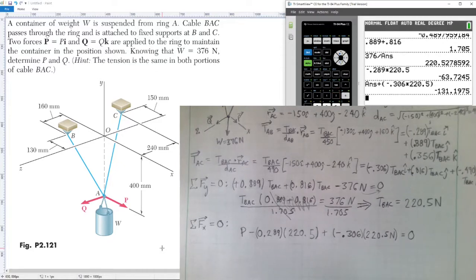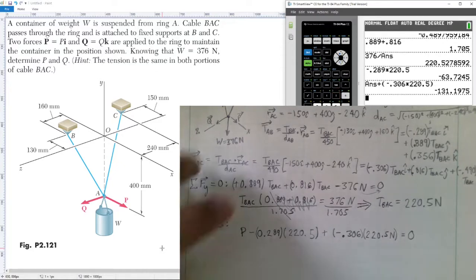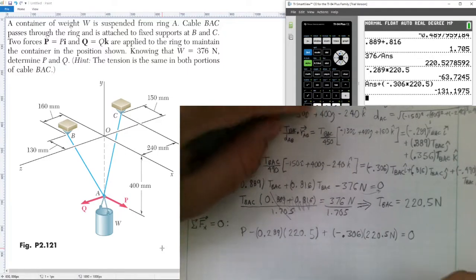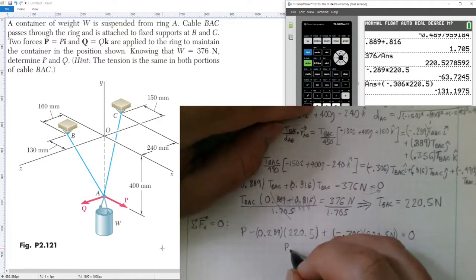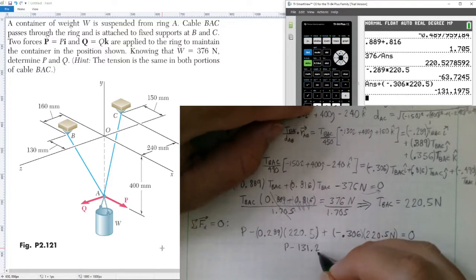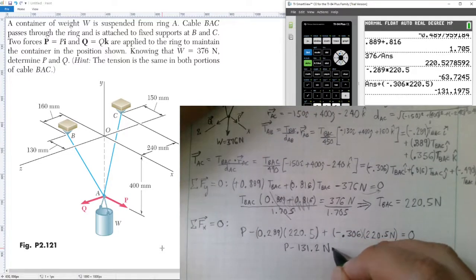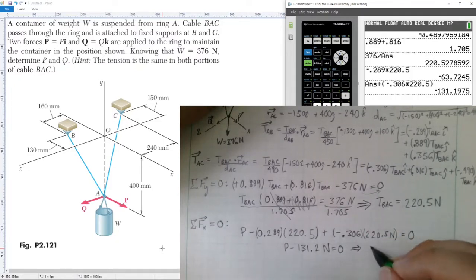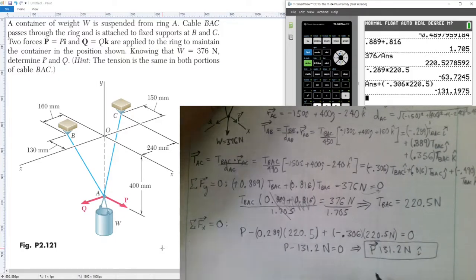So we get a value of negative 131.2. So this is P minus 131.2 newtons. That means P is going to be equal to, if we move this to the right-hand side, vector P is equal to 131.2 newtons, and it's acting on the x-axis only in the I hat direction. So here's the value of vector P.